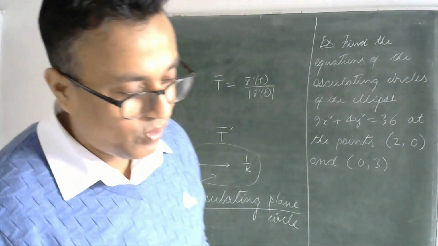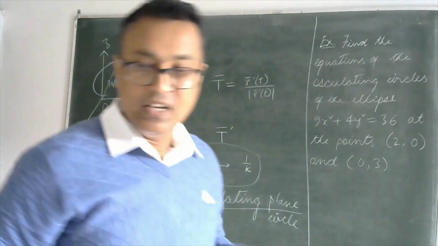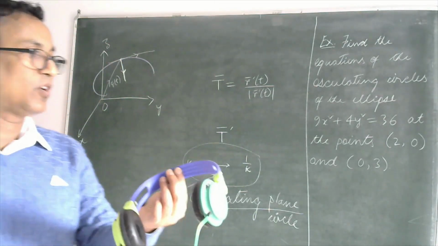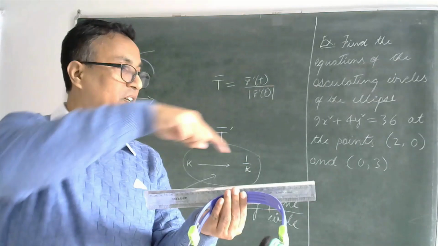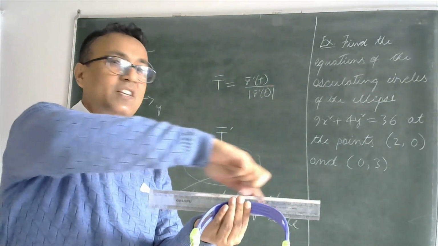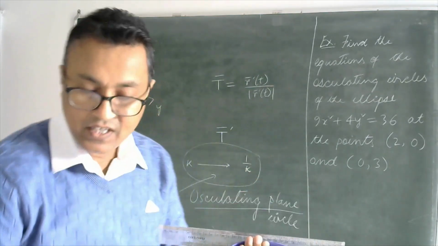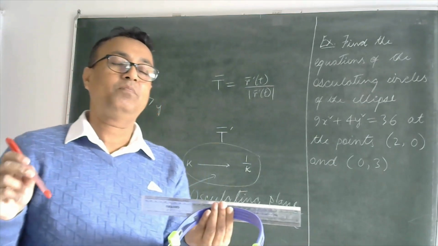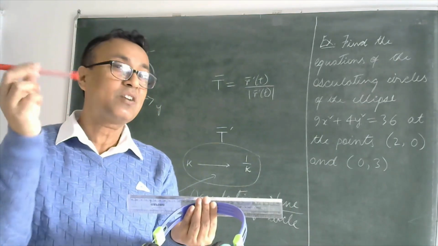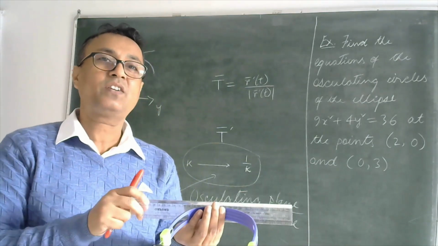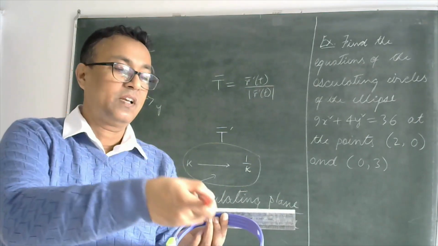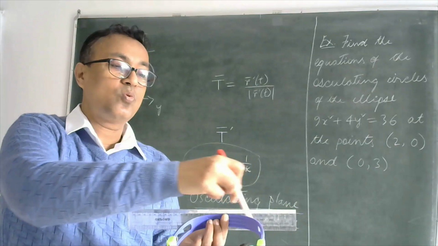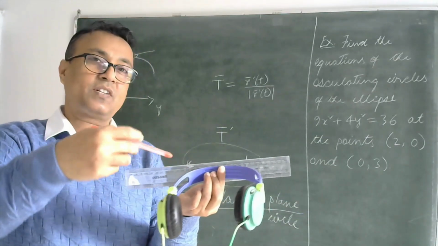So what is an osculating plane? Yesterday, while talking about this normal, obviously at the beginning you have to talk about the tangent. Here you can see this is the tangent, and as we have seen, we take a unique direction to find the normal at this point to this curve.